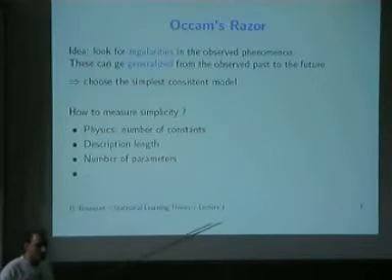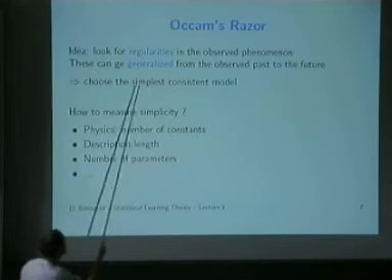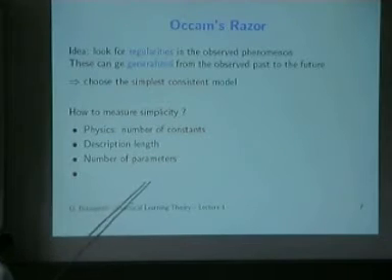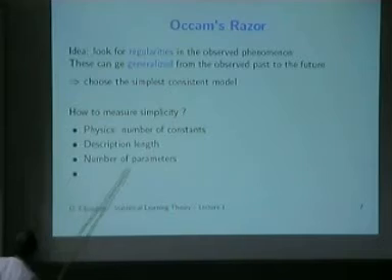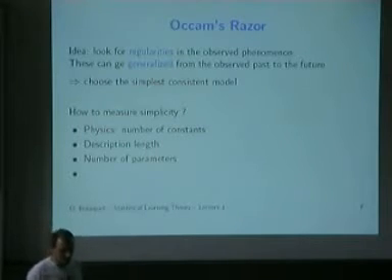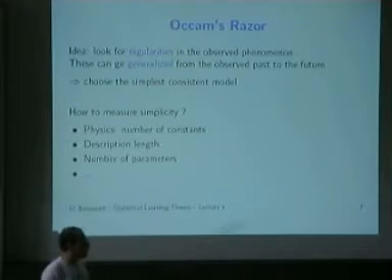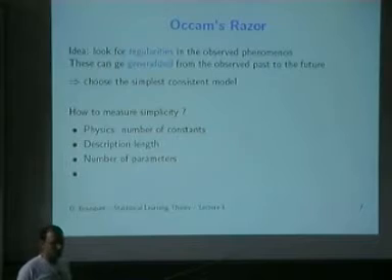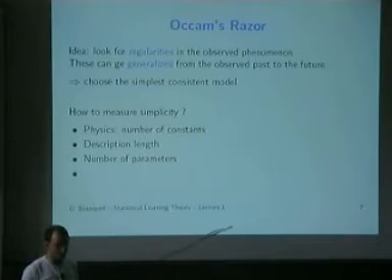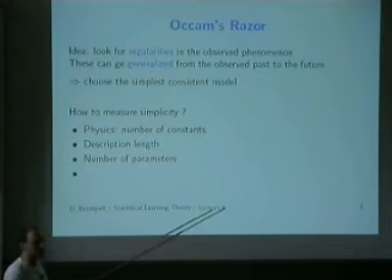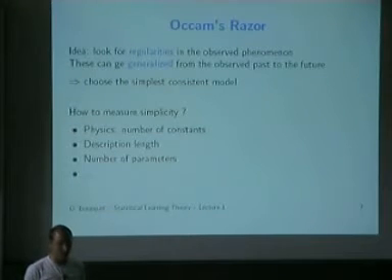So if you can describe these regularities with a short sentence, somehow you can say that it's simple. Or you can use other notions of number of parameters and so on. And we'll try to see that there are more or less clear ways of expressing this simplicity within this theory that I will present.